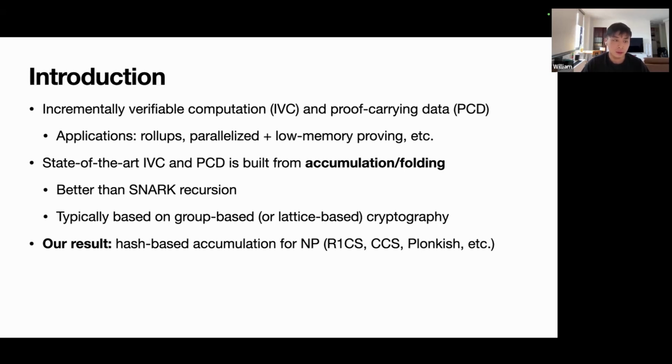So why is hash-based accumulation useful or interesting? There are two main reasons. One is it's arguably a much more conservative assumption than a lot of these other public key assumptions. It's also post-quantum secure. And the second reason is that we can hope to achieve some of the benefits that normal hash-based proof systems have, specifically a very fast prover.